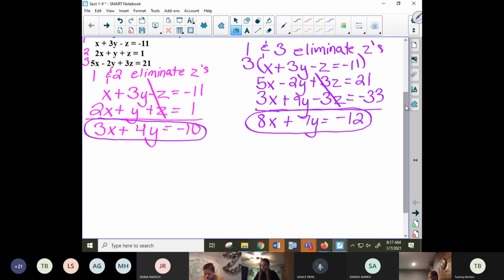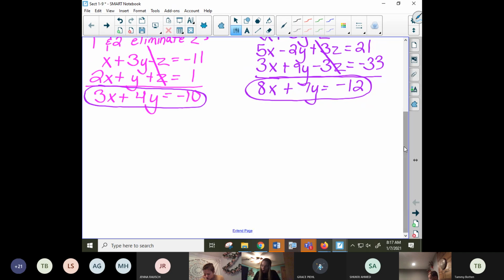And now we're right back to where we were a couple of sections ago before Christmas, where now we have to just deal with those two. So I'm going to write those down again. 3x plus 4y equals negative 10, and 8x plus 7y equals negative 12.